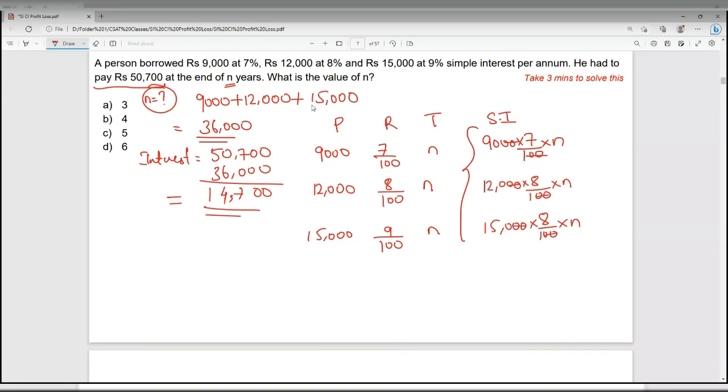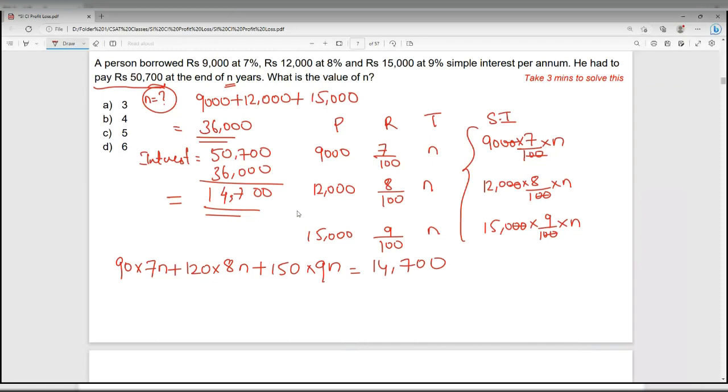This is 90 into 7n plus 120 into 8n plus 150 into 9n. This is at 9% interest, so this is 9n. That is equal to 14,700.